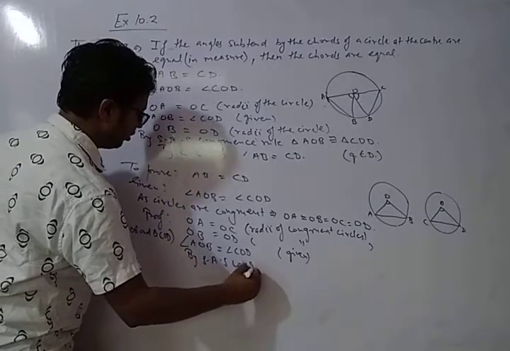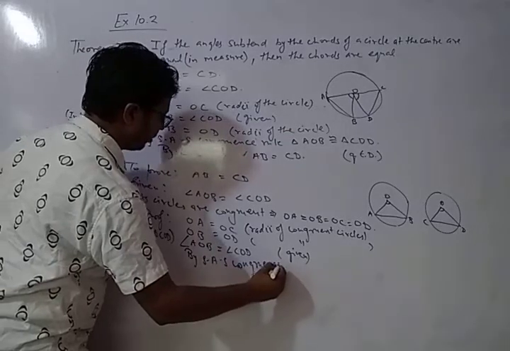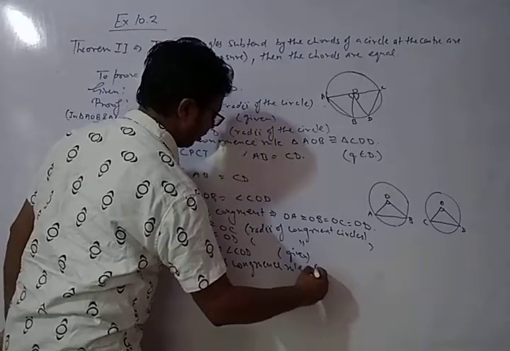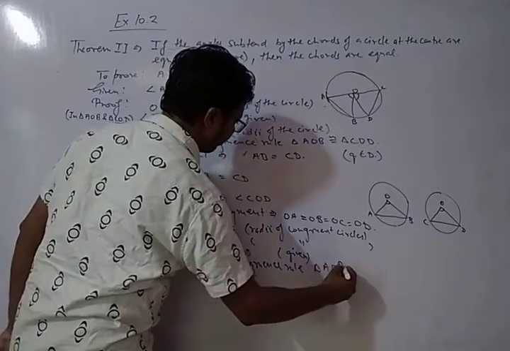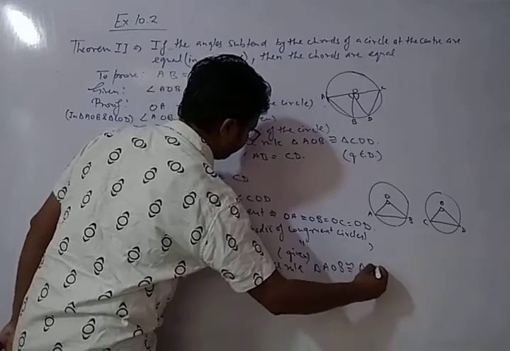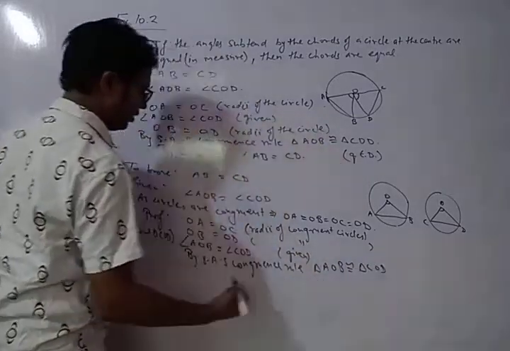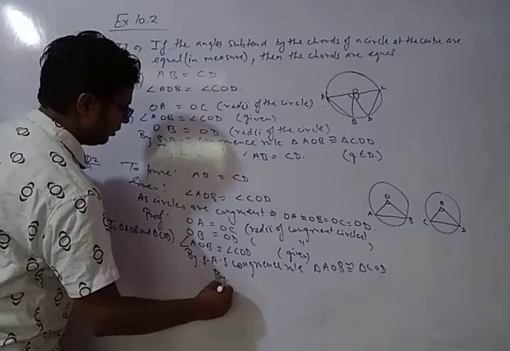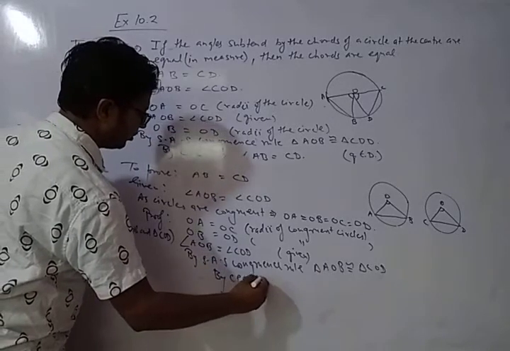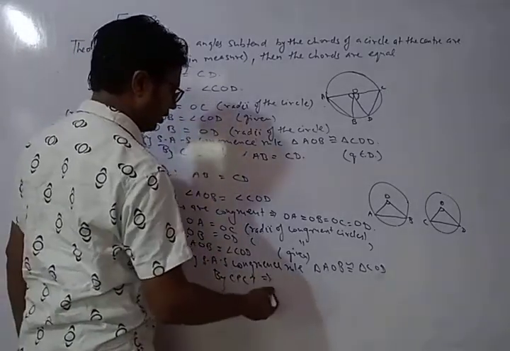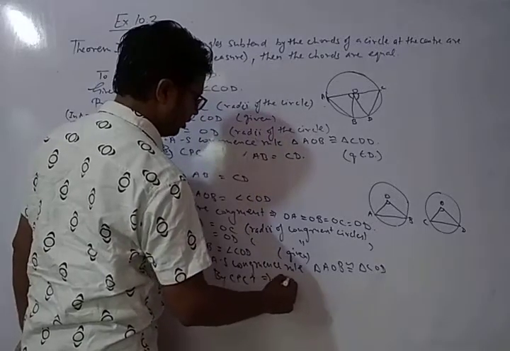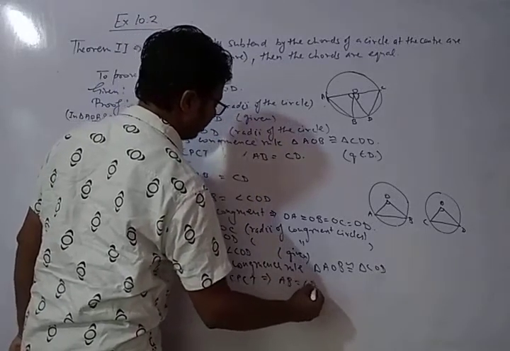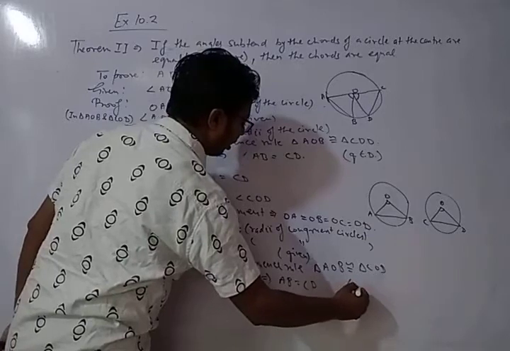Clear? By the SAS congruency rule, triangle AOB is congruent to triangle COD, and by CPCT we can write AB is equal to CD.